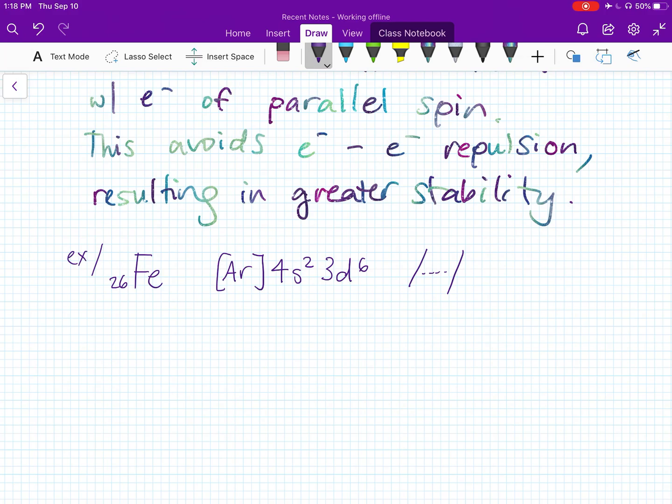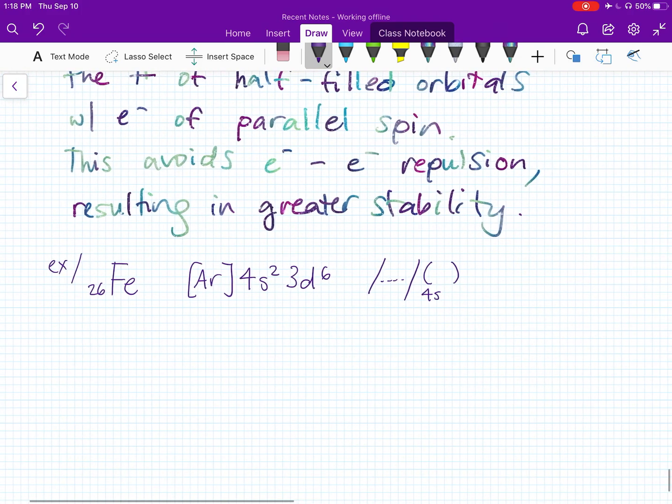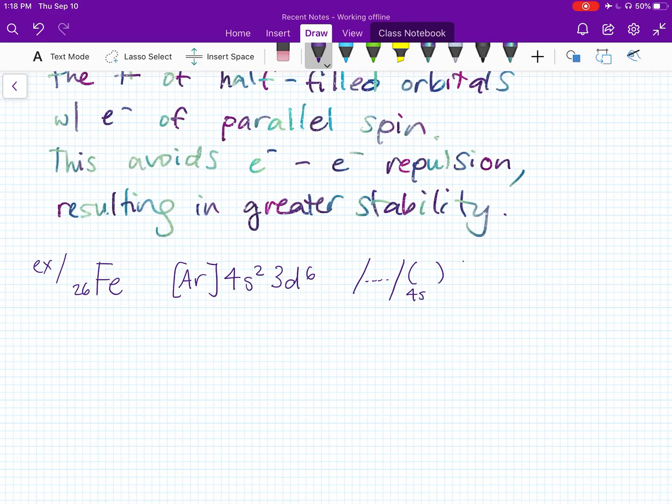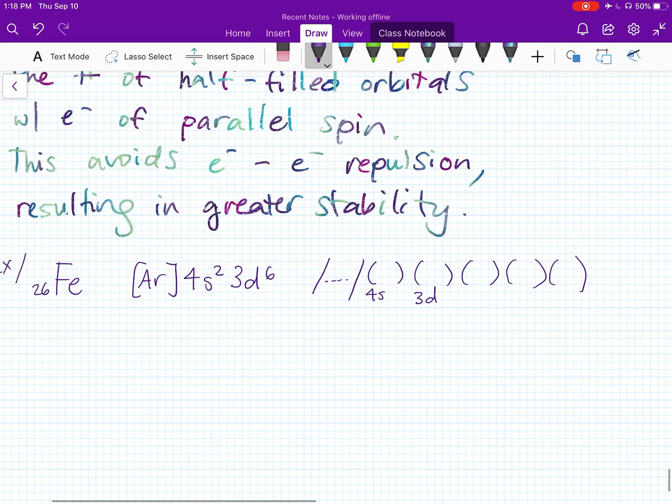Okay, so I'm going to represent the argon in the orbital diagram with just an abbreviation showing that this is the inner shell electrons. There's one 4s orbital, but there are 5 3d orbitals just because of the multiplicity of the 3d subshell. So I'm going to write all 5 of them here. 1, 2, 3, 4, 5 sets of parentheses to represent the 5 3d orbitals.